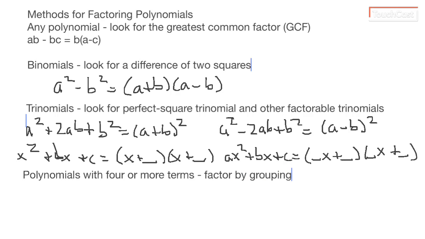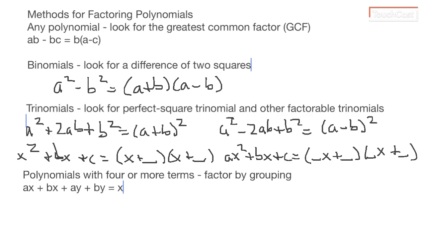What that looks like is if we have something that can be written as ax plus bx plus ay plus by, we can factor that very uniquely because the first 2 terms have something in common.